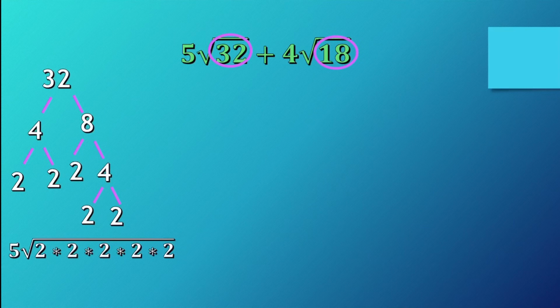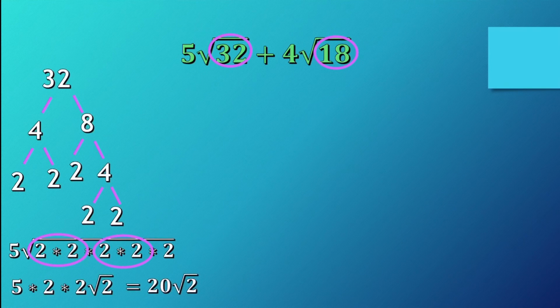Don't go start the other one. Look again, I have the 5 outside from the original problem. It's a square root, so there needs to be 2. Both of those come out, but they come out as their name. Basically, when you bring it out, you're bringing it out as a single entity. So 5 times 2 times 2, that gives me 20 square root of 2.